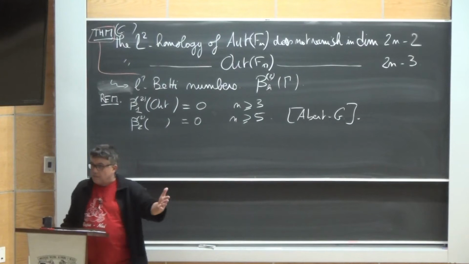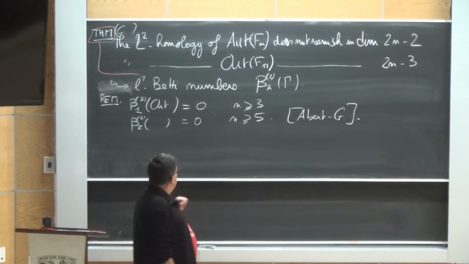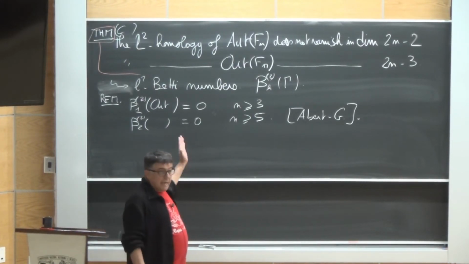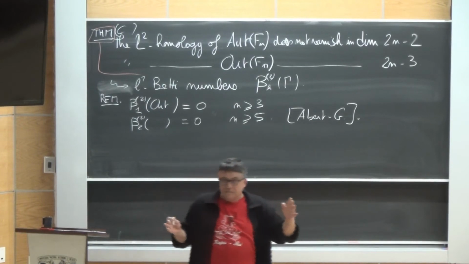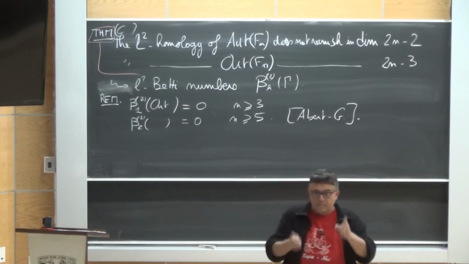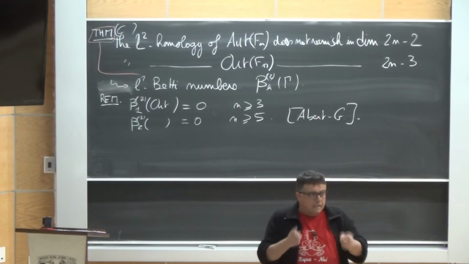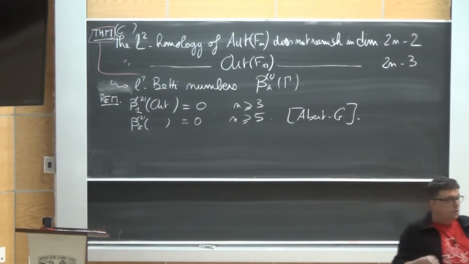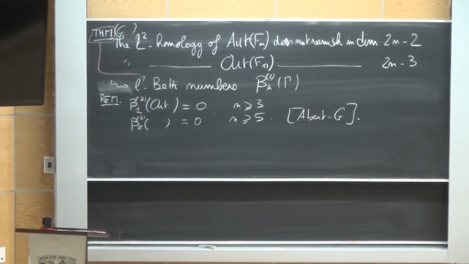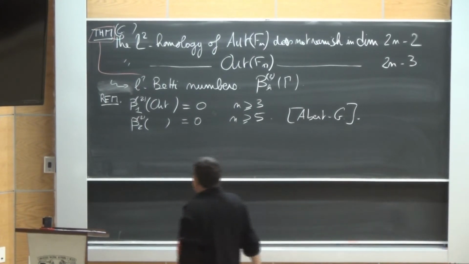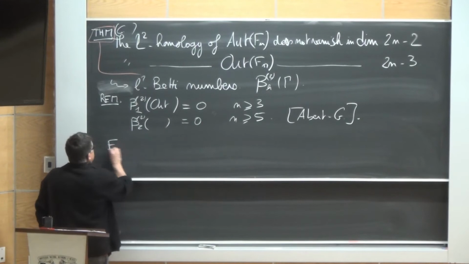Groups have usual Betti numbers, I will discuss that, and they have L2 Betti numbers. You can take the alternating sum of usual Betti numbers and also of L2 Betti numbers.